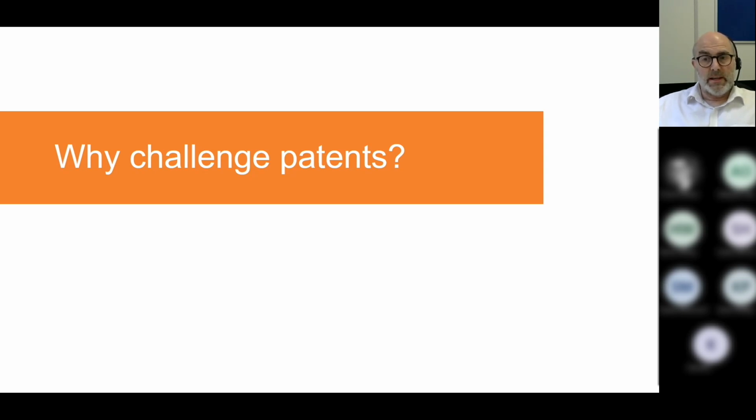So it's an incredibly risky gamble just to try and ignore it. No business is really going to accept that risk, which is why patent challenges and freedom to operate searches to avoid patents in the first place should be done by all businesses.